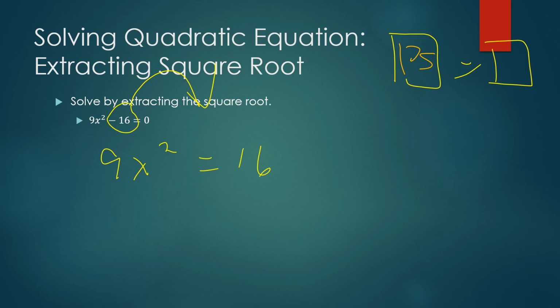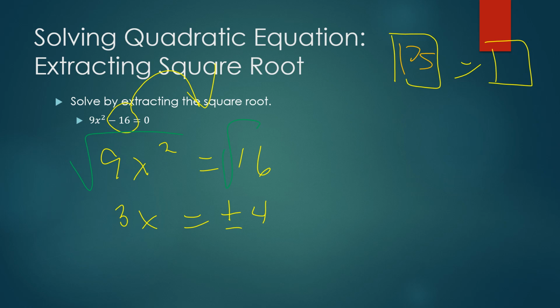So 9x squared is perfect, and 16 is also perfect. So we can simply get the square root of both sides. 9x squared has the square root 3x, equals either positive 4 or negative 4.